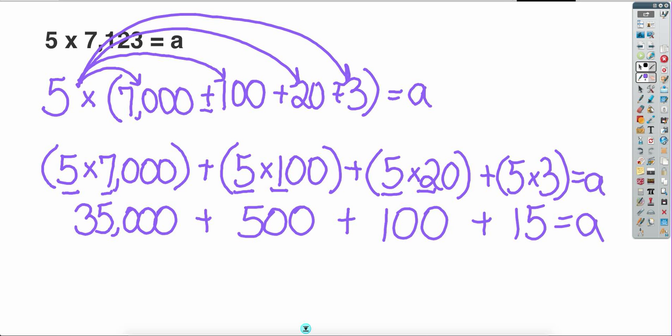So my last step is to add these 4 partial products. 3,500, 500, oops, sorry, that is not correct. Always checking back to make sure.